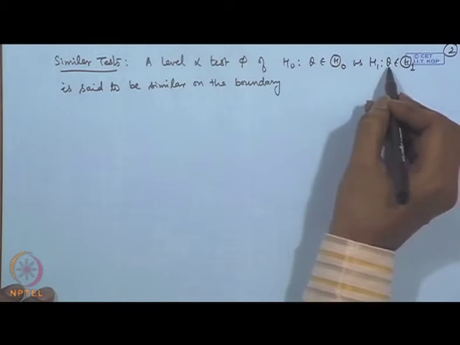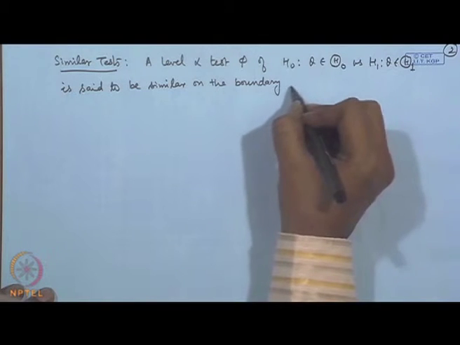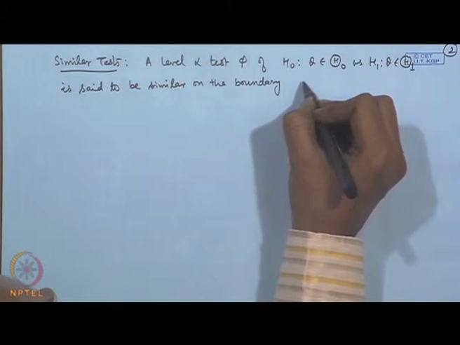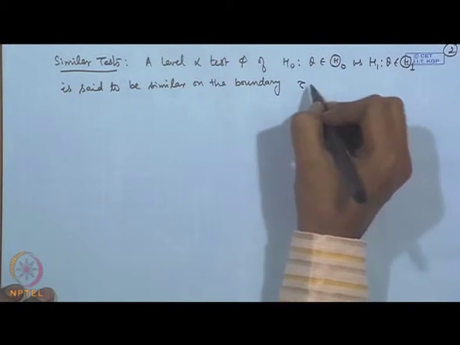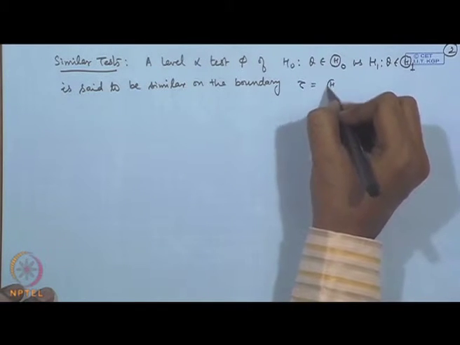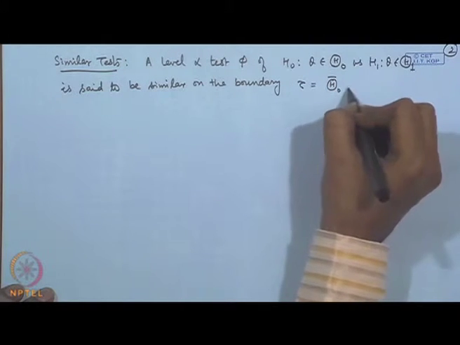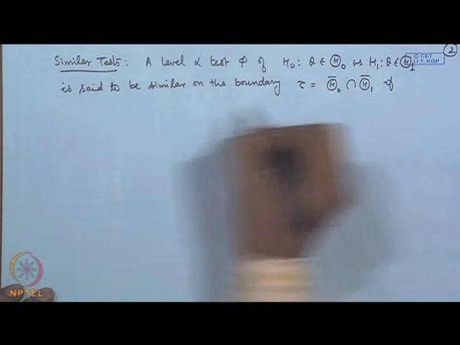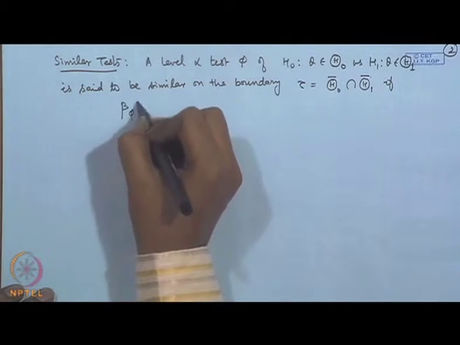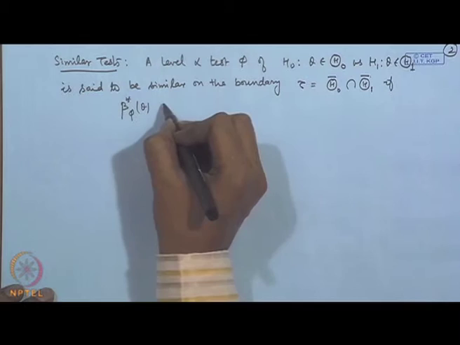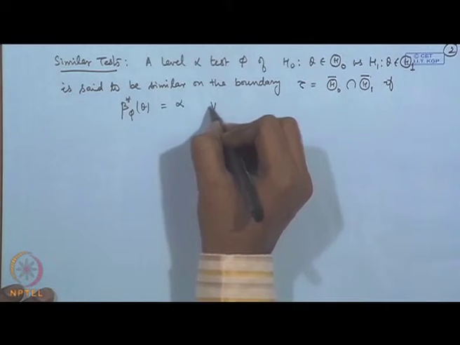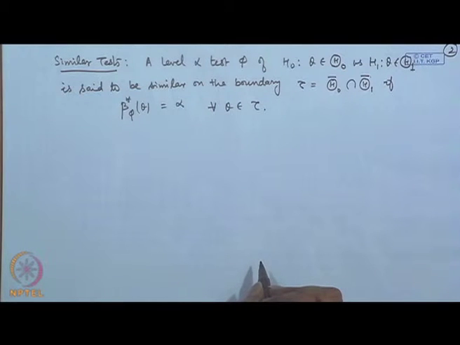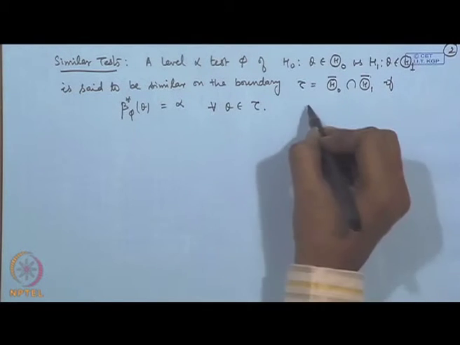So, the boundary of this theta naught and theta 1, let us denote it by say tau, that is equal to theta naught closure intersection theta 1 closure, if beta phi theta star is equal to alpha for all theta belonging to tau. So, this is called a similar test.